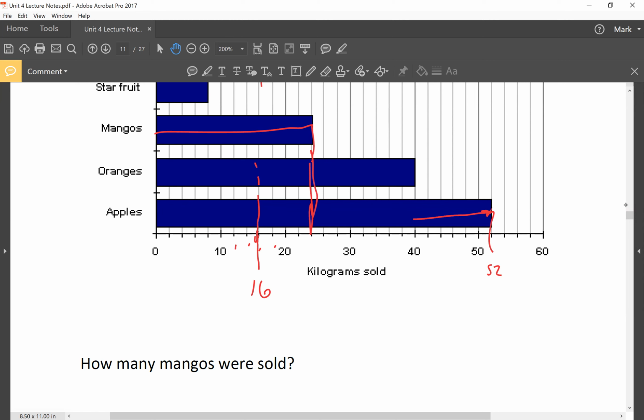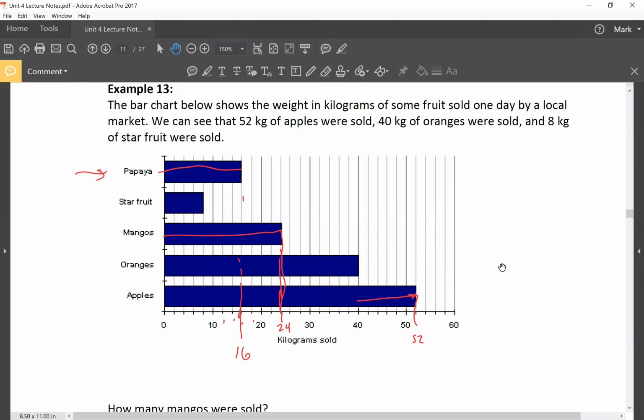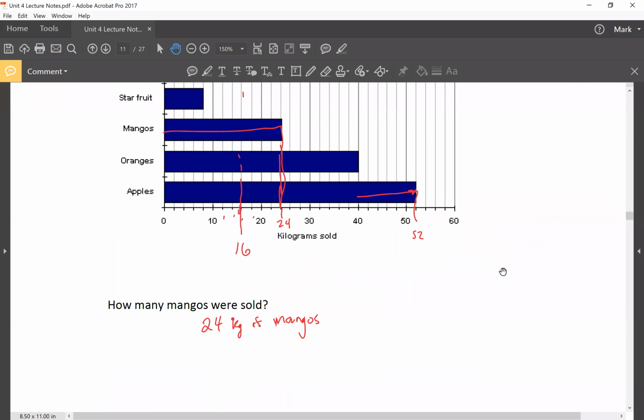You don't need to draw any of these lines, by the way, but it's 22, 24 kilograms of mangoes were sold. I don't know if this question gives me any more information. No, okay, that's it. So this is kind of a weird question.